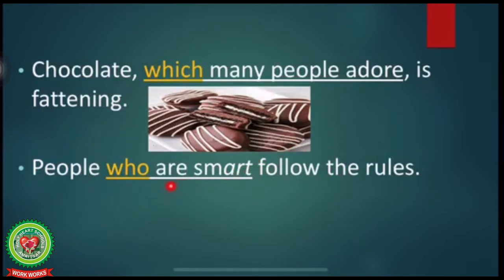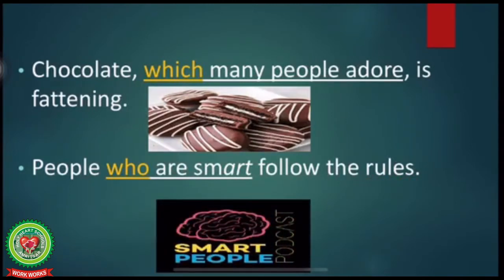So the subordinate clause will end before the finite verb follow. So who are smart is the subordinate clause and people follow the rules is the main clause. Right? Now here, who are smart is giving us information about the noun people. So hence it's an adjectival clause.